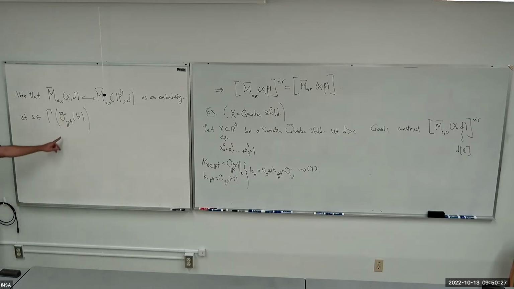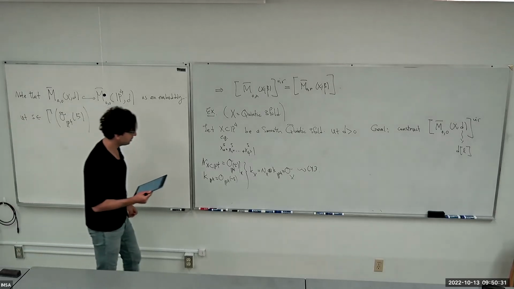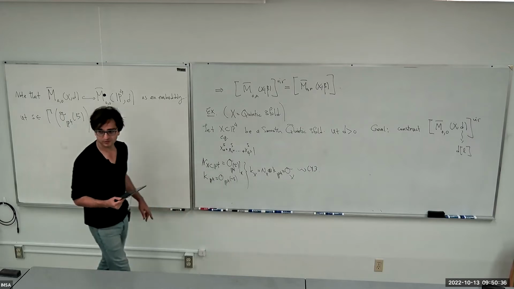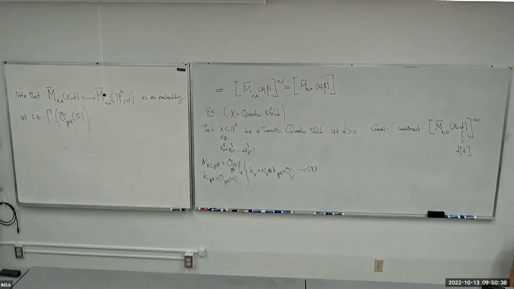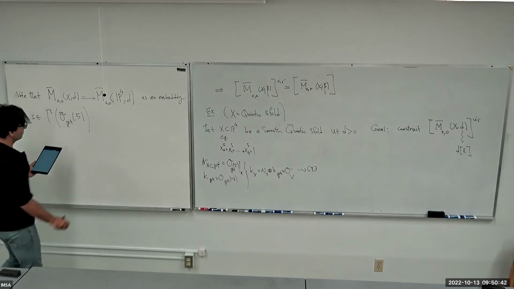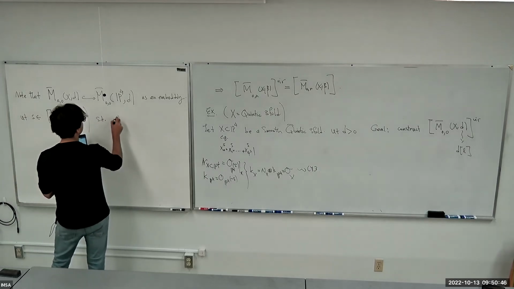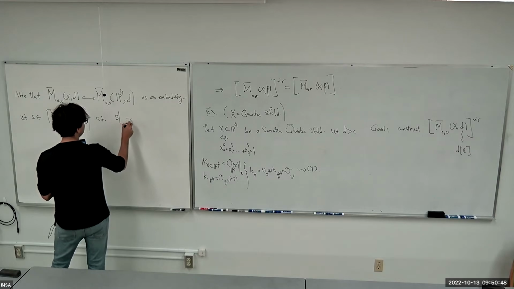Yes, this is the line bundle which is in one-to-one correspondence with X, the divisor sitting inside P4. This is the normal bundle. This is the one whose restriction to X is the normal bundle. Look at the section such that the restriction of this section to X is equal to 0.